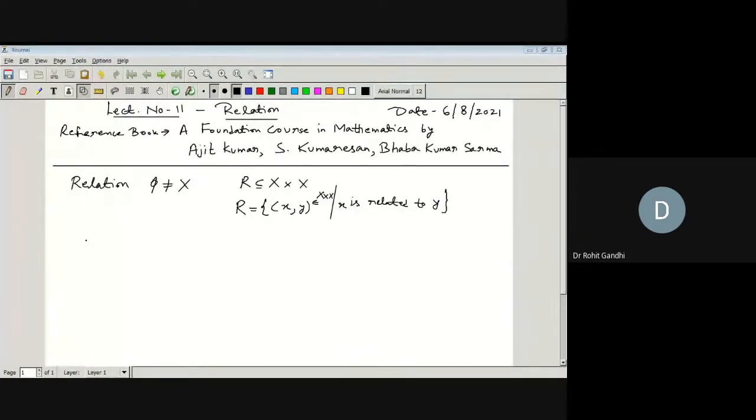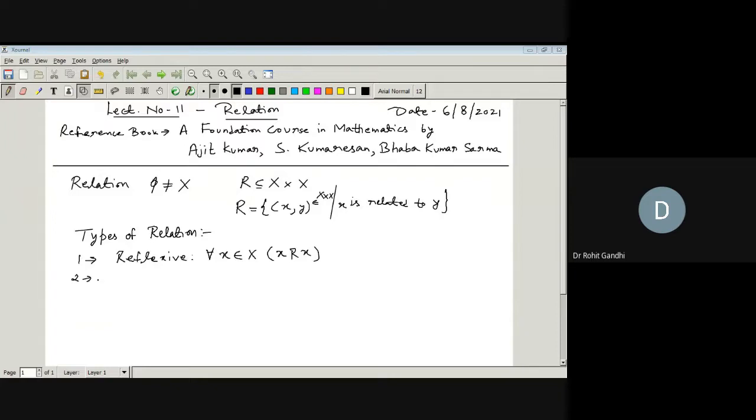The next thing we have seen is the types of relation. The first one is reflexive. We have seen that if for every x belonging to X, x is related to x, then we say that the relation is reflexive.